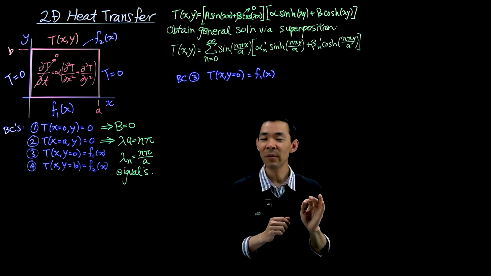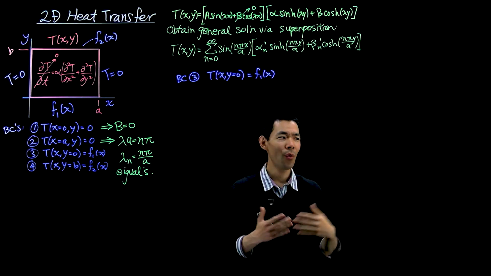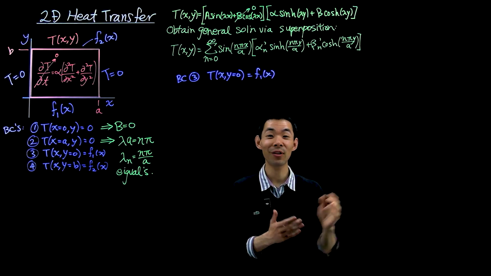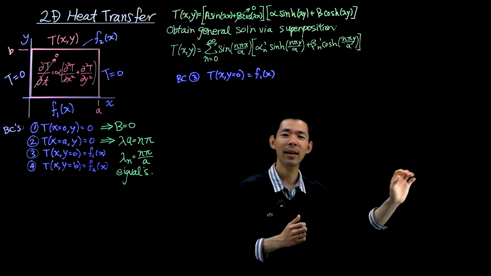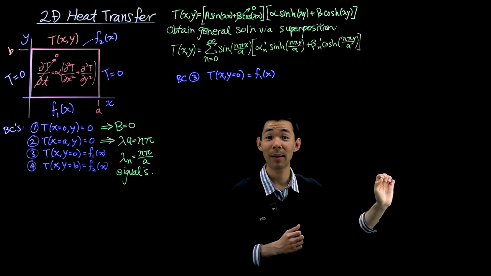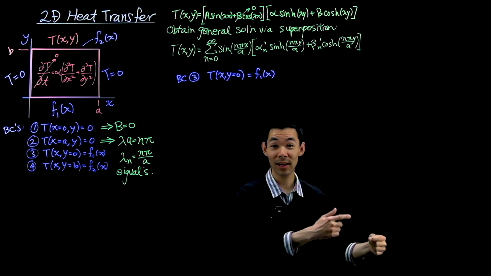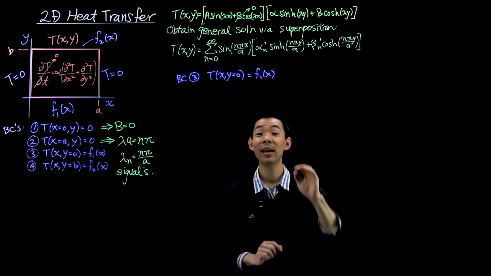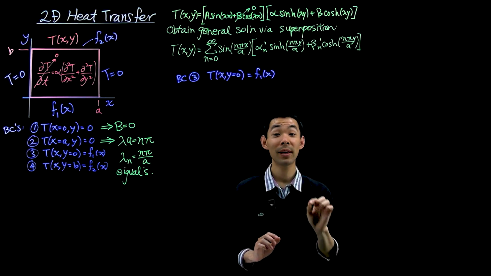Now, some of you might have been curious, why did I choose sinh and cosh earlier? Why couldn't I just leave it as exponentials? You could have done that. You could have just kept the y ODE solution, e to the negative lambda y and e to the positive lambda y. But the reason why we recast it in terms of sinh and cosh is precisely for this reason. It's purely convenience. Because look what happens.